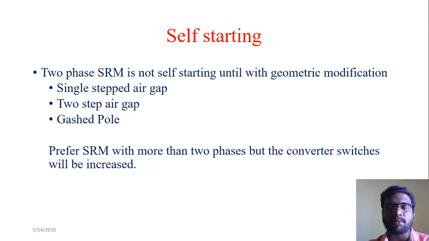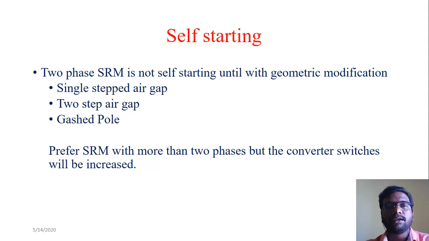That geometric modification can be a single stepped air gap or a two stepped air gap. Single step and two step give an asymmetric rotor, whereas the gadget pole is a symmetric motor.